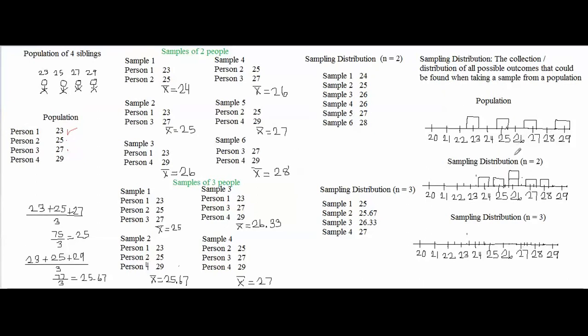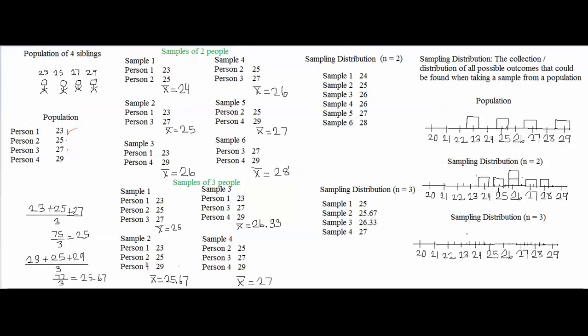And I'll put boxes for all 4 of these samples. So in this list right here, sample 1 had a mean of 25, which is right here. Sample 2 had a mean of 25.67.